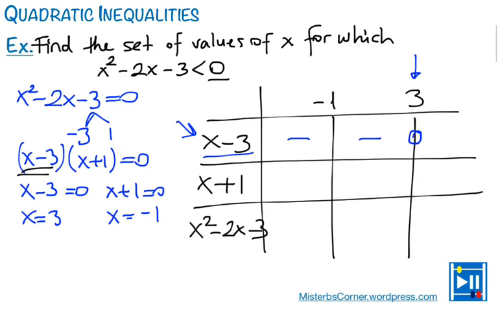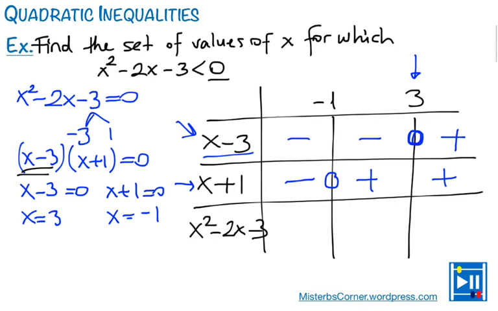So the numbers to the left of that 0 will be negative, and the numbers to the right will be positive. The same applies to x plus 1. Minus 1 makes this expression 0, and values of x smaller than minus 1 give me negative values if I substitute here, and bigger values than negative 1 will give me positive values.